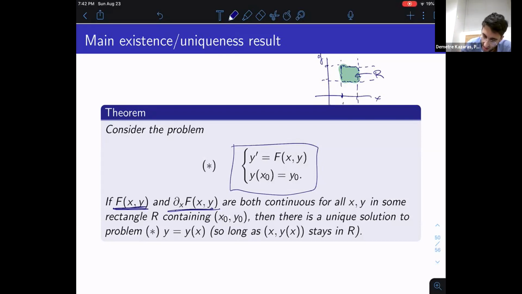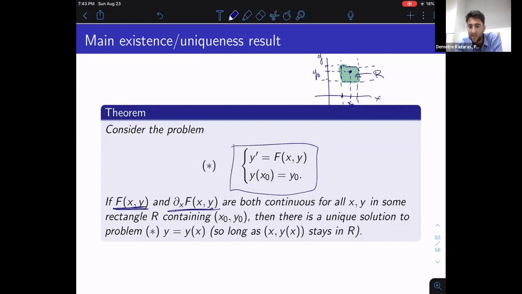And suppose that x naught, y naught, the things that are defining the initial conditions, lies in the rectangle, where we know we have the good continuity. So if the initial condition, x naught, y naught, is in the rectangle and the function's all good in the rectangle, then there will be a solution to the initial value problem.